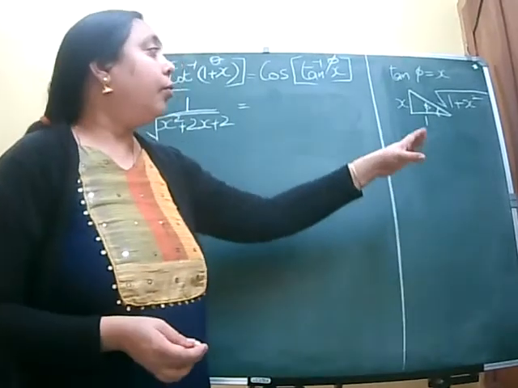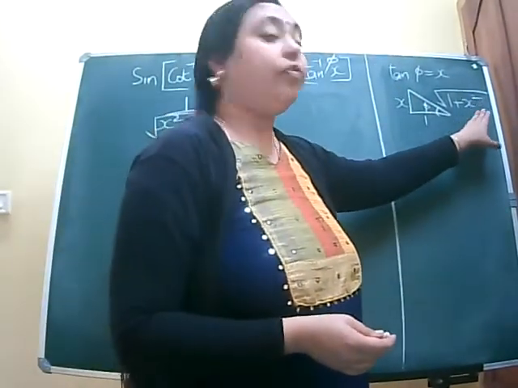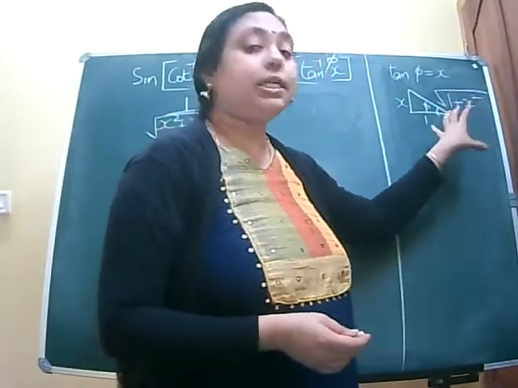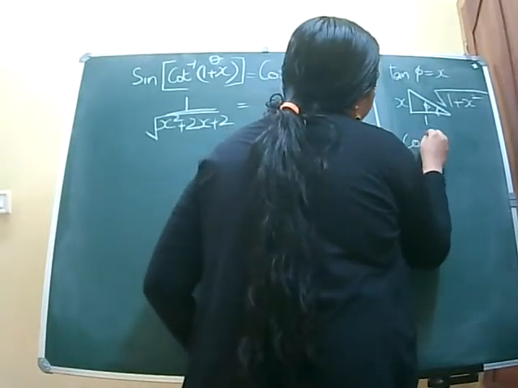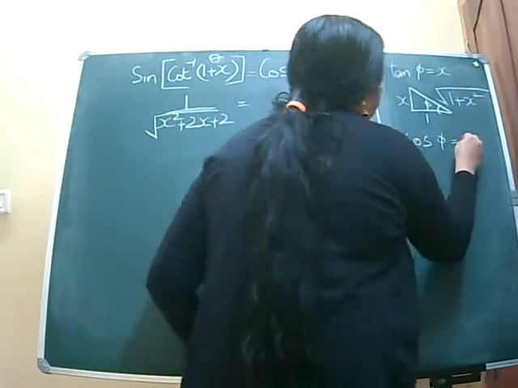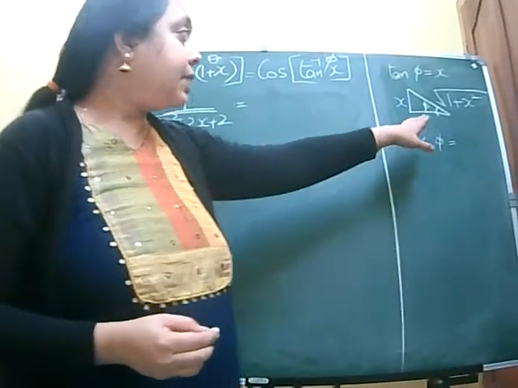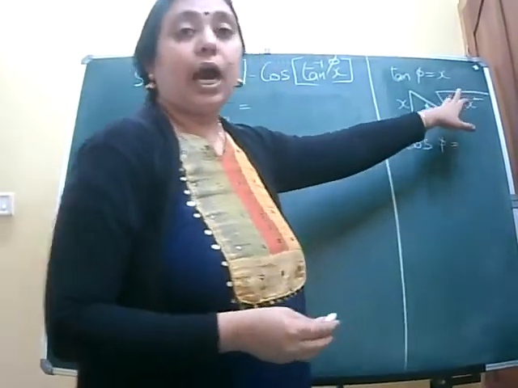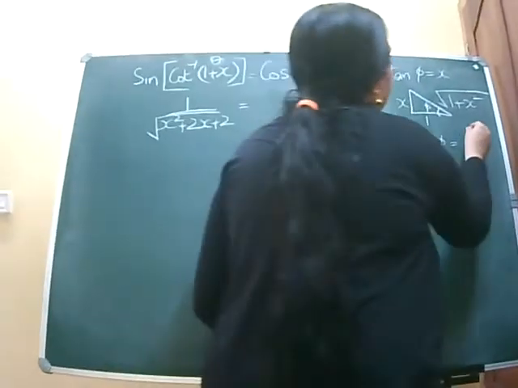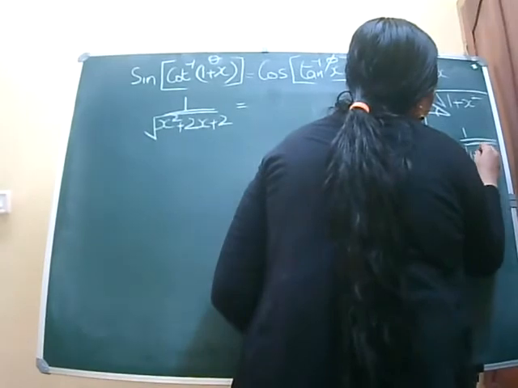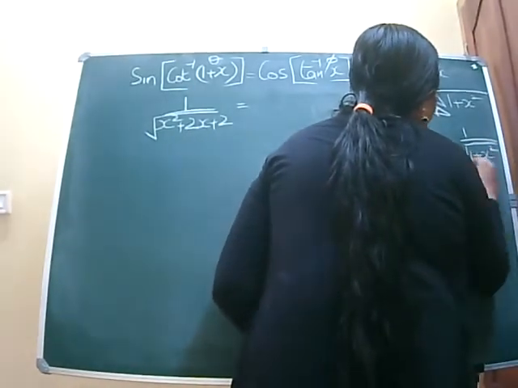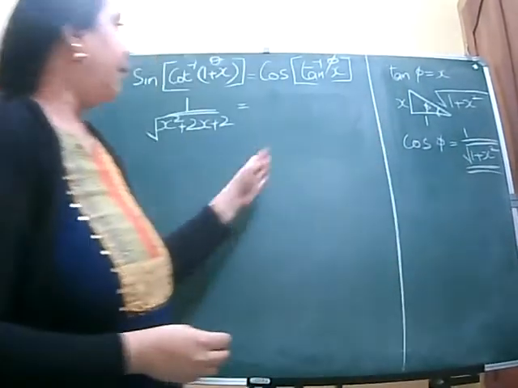Now we obtained the value of hypotenuse. From this we get cos phi is adjacent side by hypotenuse. That is 1 by square root of 1 plus x square.